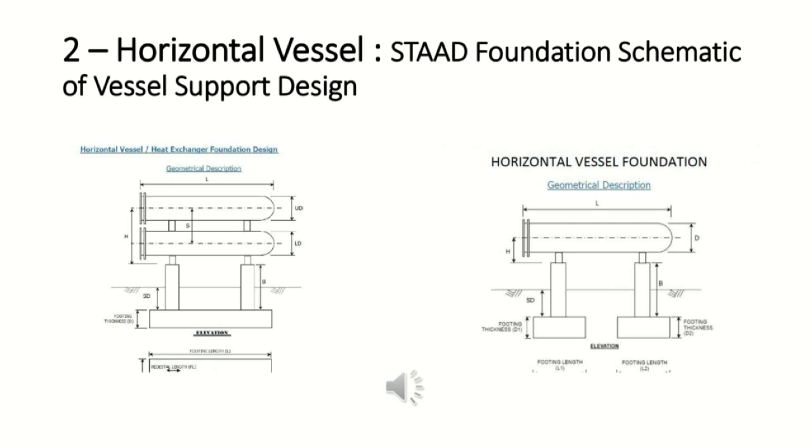Once you have gotten that information, the next thing is to open your Start Foundation application and plug in those values. Those values will then help you to calculate the footing and to also design the footing that supports the horizontal vessel.